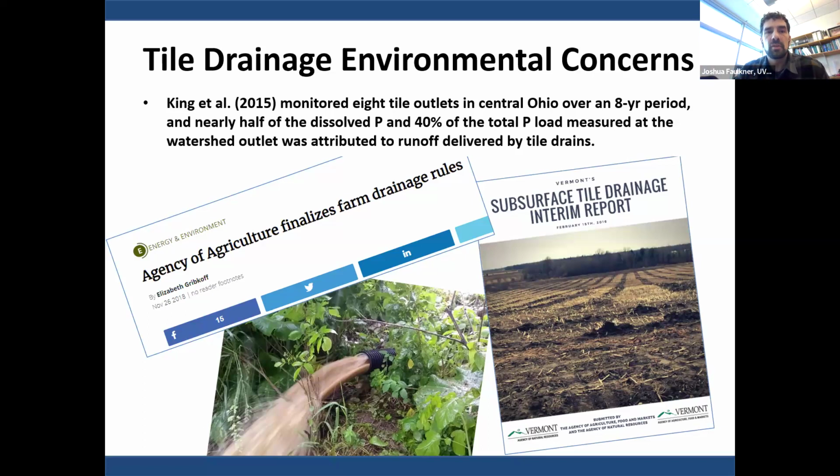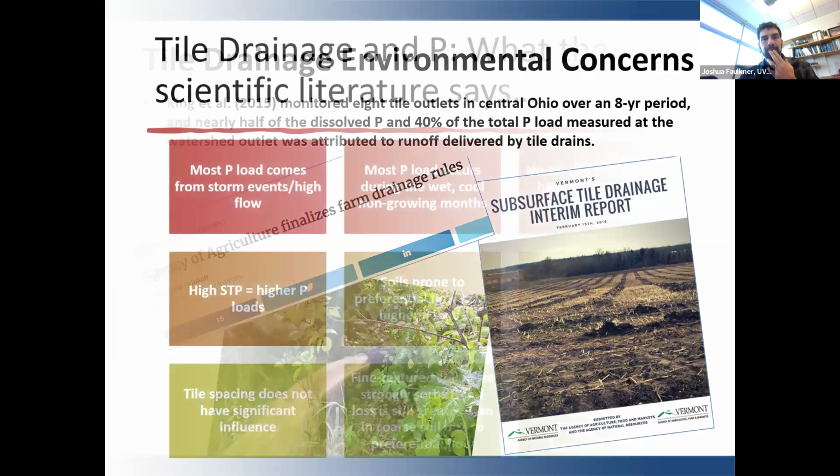There's a citation of Kevin King's review paper from 2015. Lots of work done by his research group there, looking at the amount of phosphorus that does move into tile drainage water. And then, of course, Vermont has been abreast of the situation with new drainage rules and funding some reports and funding research as well.